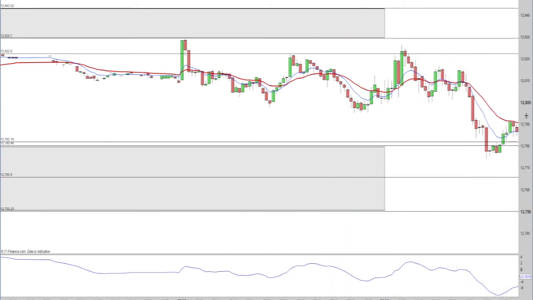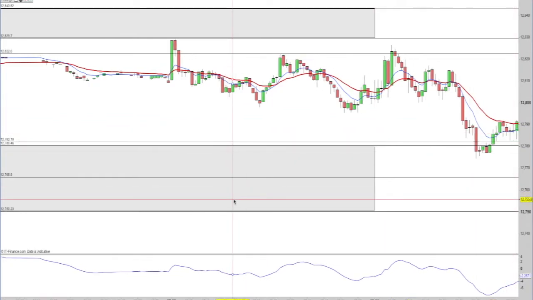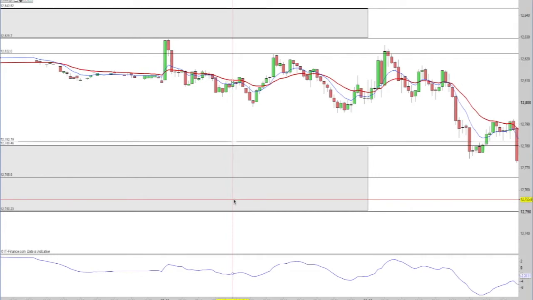So the market made it up to the 20 exponential moving average. You can see a squeeze in here between the 8 and the 20 exponential moving average, and then the market starts coming down again and breaks out into our zone at the bottom. And so what can we see here?